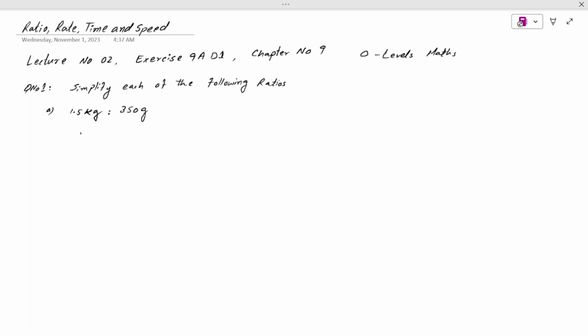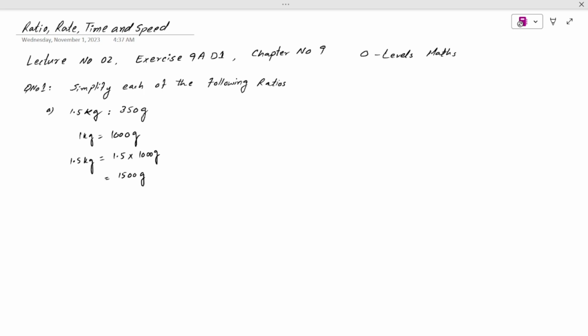As you know, 1 kilogram is equal to 1000 grams. It means 1.5 kilograms is equal to 1.5 times 1000 grams. Multiplying 1.5 with 1000, we get 1500 grams.